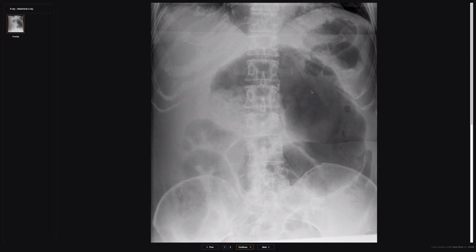Now, with cecal volvulus, depending on the status of the ileocecal valve, i.e. whether it is competent or incompetent, you may then have additional small bowel obstruction if the gas can reflux into the small bowel. As you see here, in the right lower quadrant, we've got gas-filled distended loops of small bowel in addition to this, which is the distended cecum.